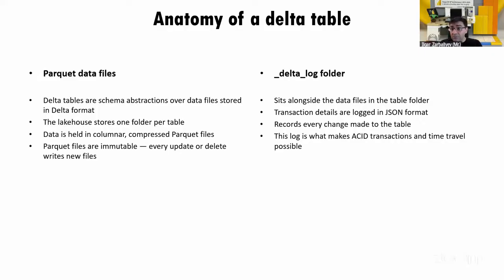It's what lets Delta Lake give us atomicity, consistency, isolation, and durability on top of plain files. And it's also what allows us to travel back to earlier versions of the data. Keep this two-part structure in mind because almost everything else we discuss today, optimization, vacuum, time travel, streaming, comes back to it.